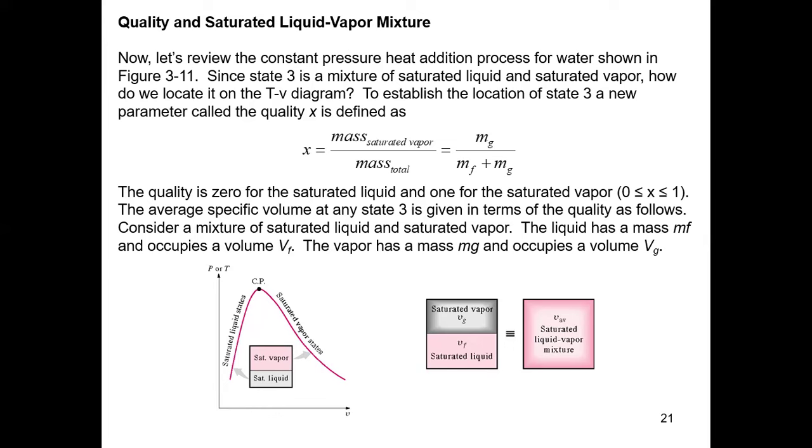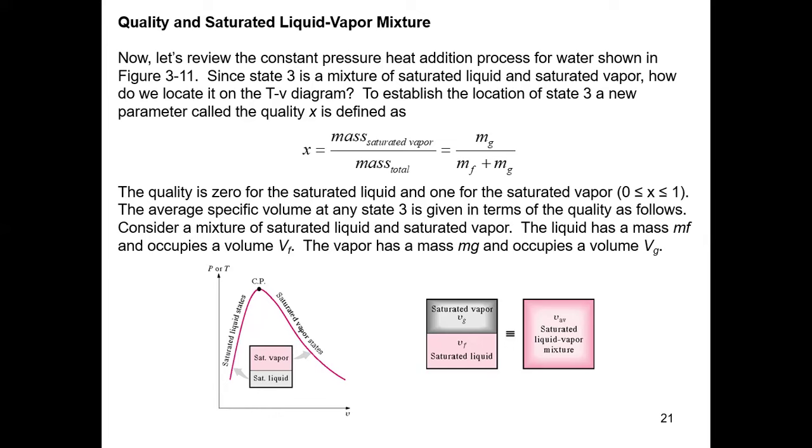The quality is 0 for saturated liquid and 1 for saturated vapor. So x, the quality, is between 0 and 1. The average specific volume at any state 3 is given in terms of quality as follows.